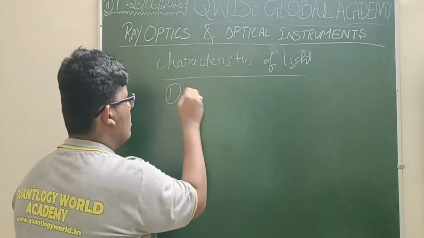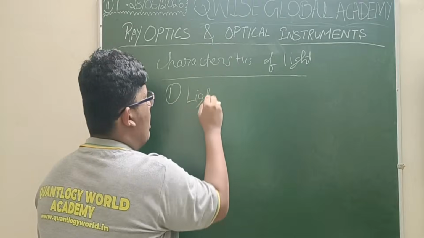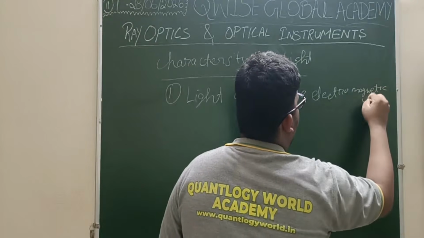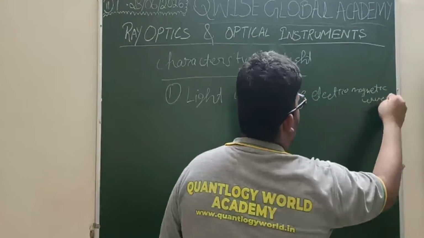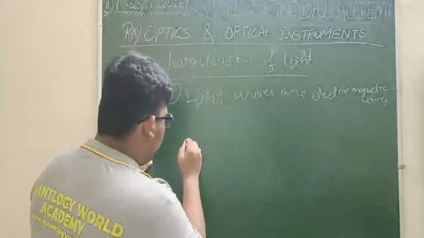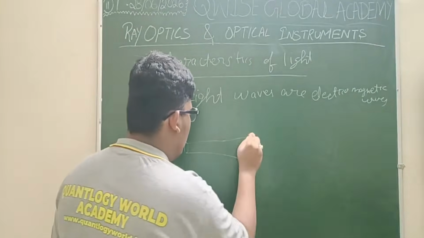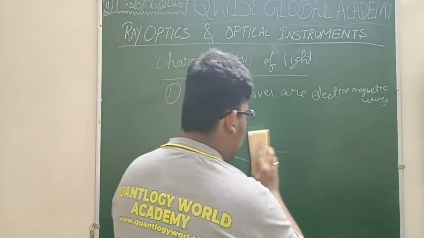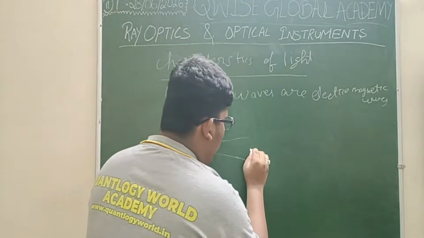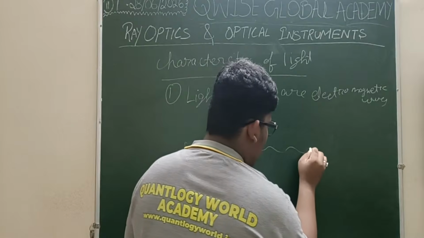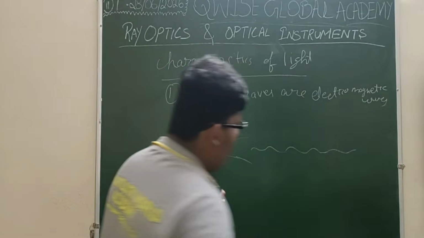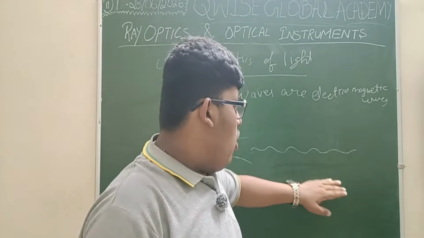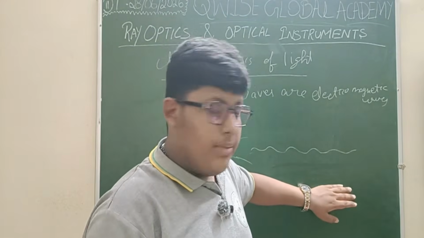The first characteristic is the electromagnetic wave. Let's say that this is a torch, this is the flow of light. How does light flow? Light flows in the form of a wave. It flows like this, in the form of a wave. This wave form of light is called electromagnetic wave, or the electromagnetic nature of light.